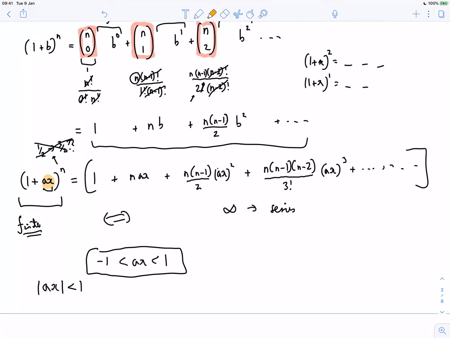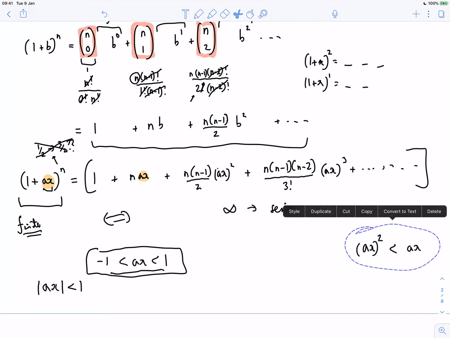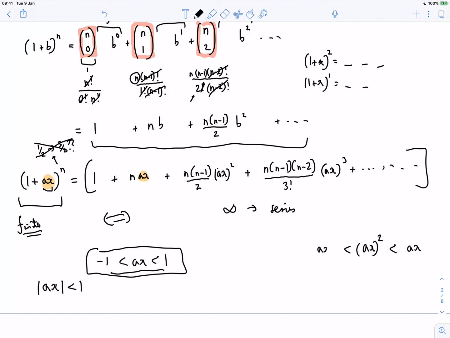Do you agree that if I take ax and I raise it, that (ax)^2 is going to be smaller than ax if ax is trapped between 1 and minus 1? And do you agree that if I was to cube it, that would be even smaller?